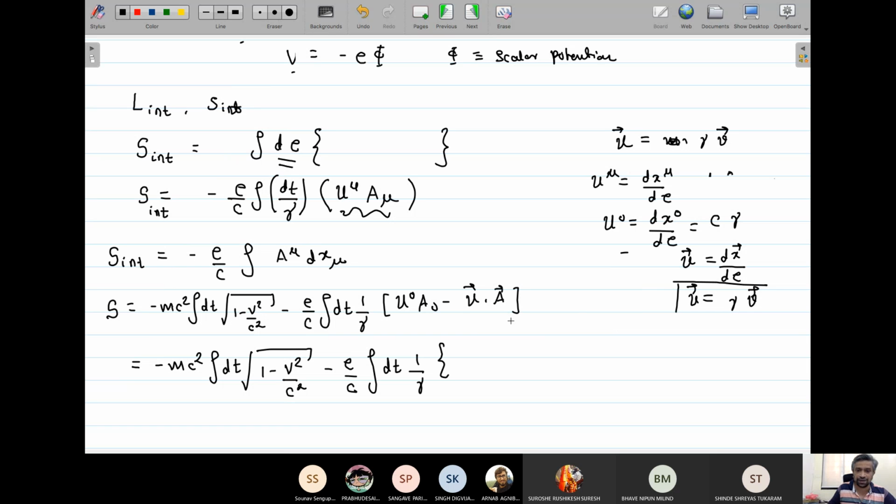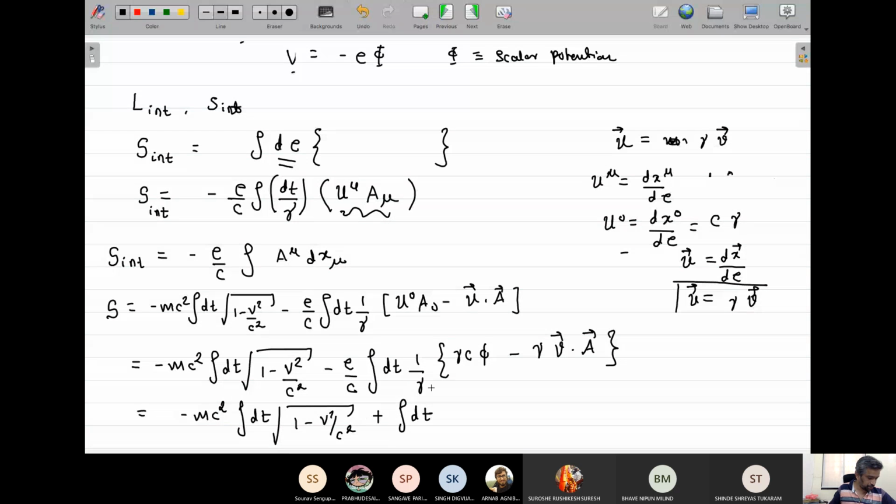Then I will get gamma c phi, scalar potential, minus gamma vector v dot A. Okay, so this is minus mc square dt square root of 1 minus v square divided by c square, c will go, so this I will write as plus dt e by c into A dot v, okay, minus e phi. So this will be the final expression for the action.